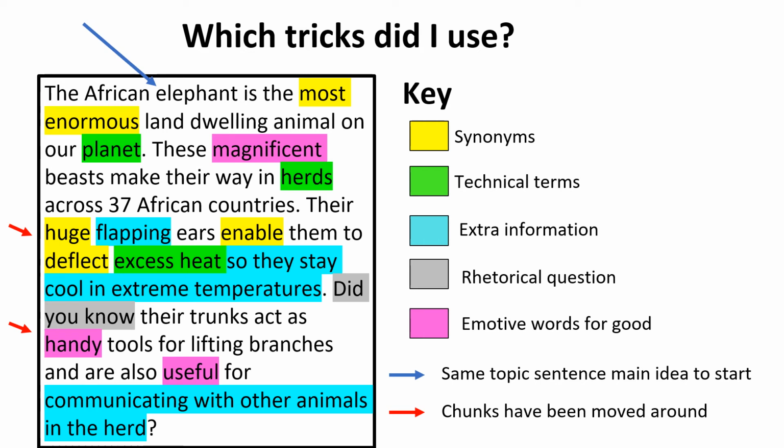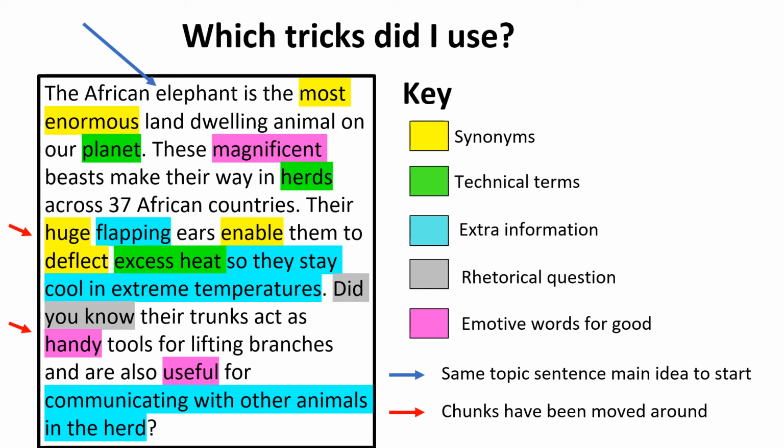So really use that trick, add extra words. And you can see here that the persuasive devices that I've put in also make it look different. So there's a rhetorical question, did you know? And also there's some emotive words for the African elephant: magnificent, handy, and useful.